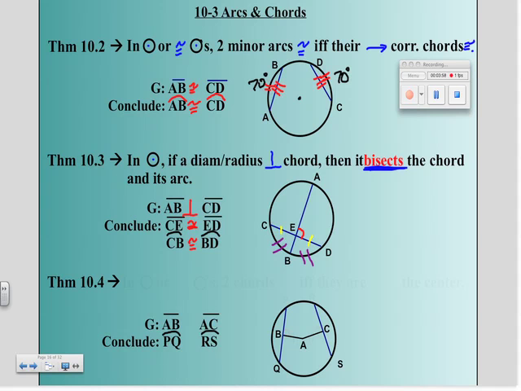Only one more theorem to demonstrate. On this one, I can kind of do it with you on the side. Let's take this circle, and let us take this chord and this chord.